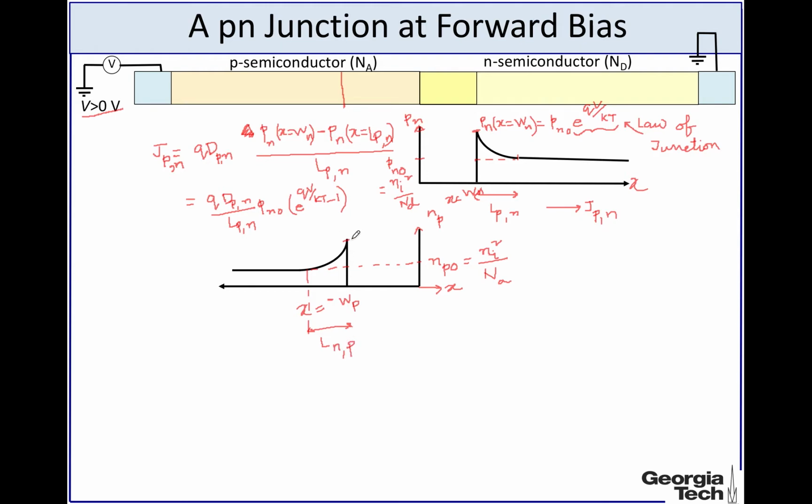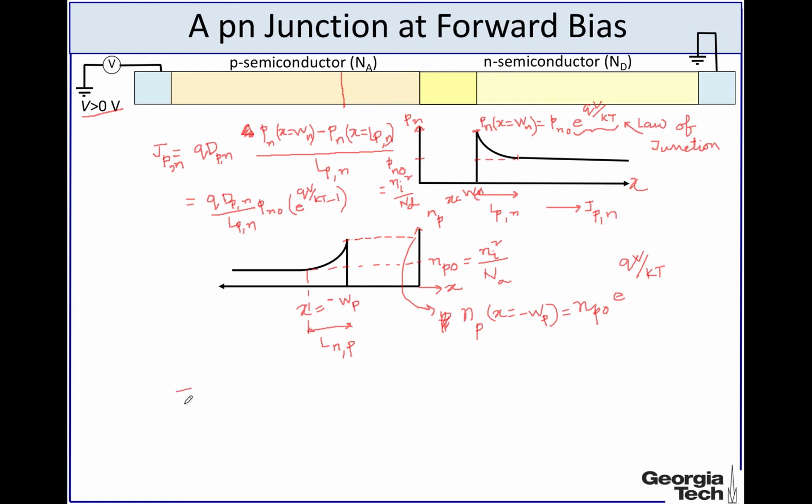And by the law of junction, the value of carriers at the edge of the depletion on the p side is Np at x equals minus Wp, equals Np0 e power Qv over Kt.